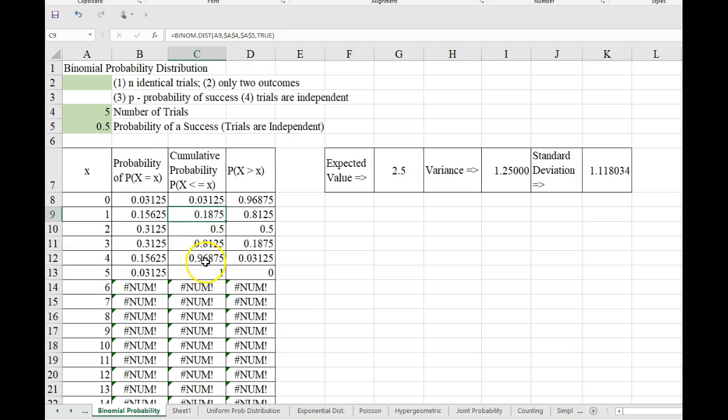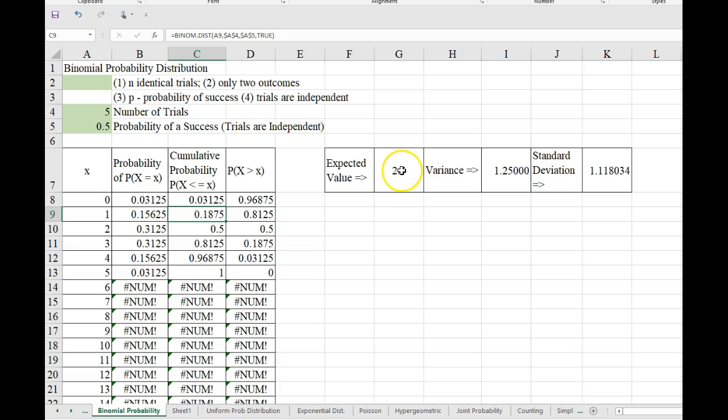And the cumulative probabilities are simply the sum of that particular value of x plus all of the preceding probabilities.